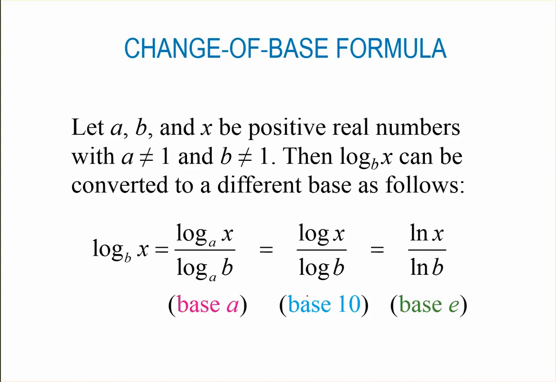So let's quickly demonstrate with an easy one here. If I had log base 5 of 100. Before we do that real quick though, tell me, about what number would this be? What exponent do you put on 5 to give you 100?